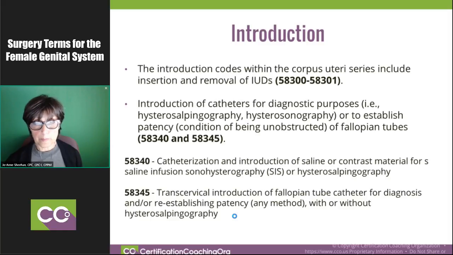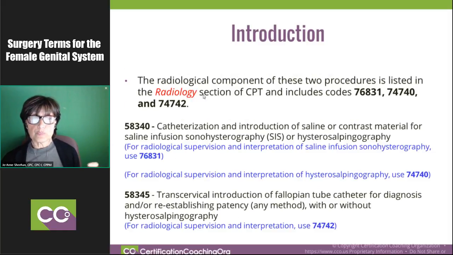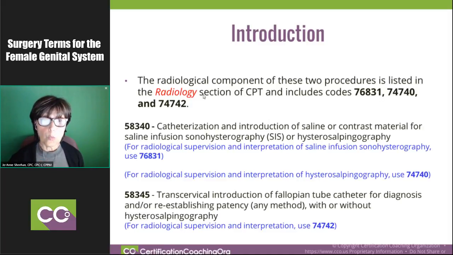So that being said, these codes also have radiology codes associated with them: 76831, 74740, and 74742. Now for 58340, the catheterization and introduction of saline or contrast material, the guidelines will say for radiological supervision and interpretation of saline infusion sonohysterography, use 76831 with this code if that is done when the doctor is doing this procedure.